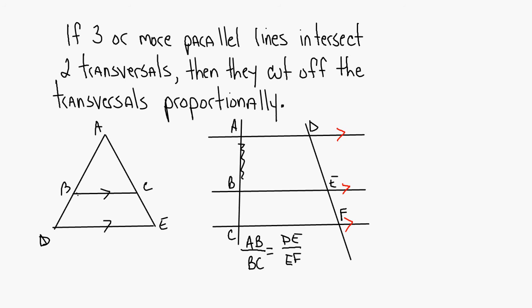This piece over this piece is going to be equal to this piece over this piece. When three or more parallel lines intersect two transversals. Any questions there?